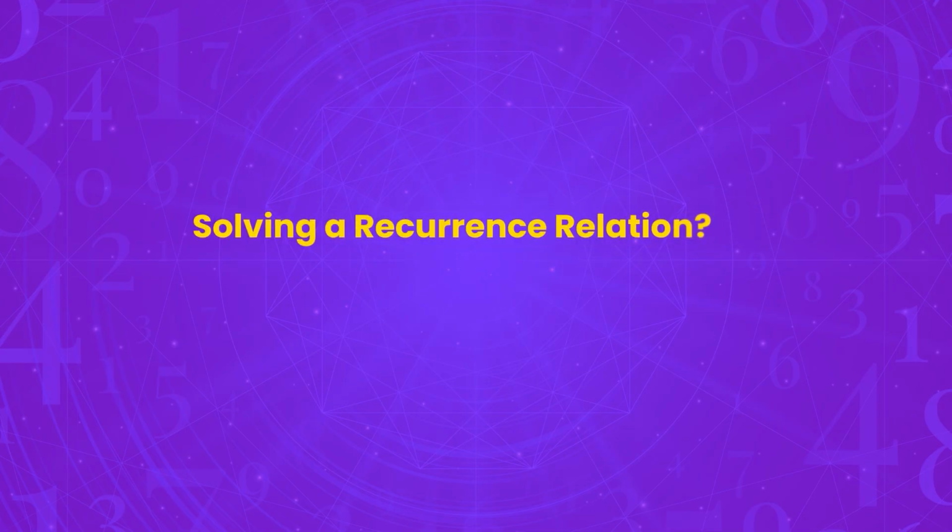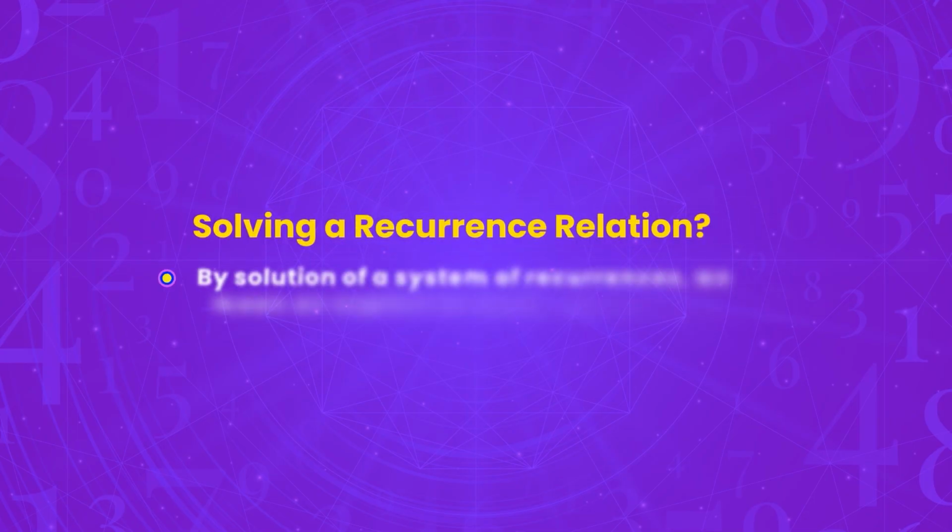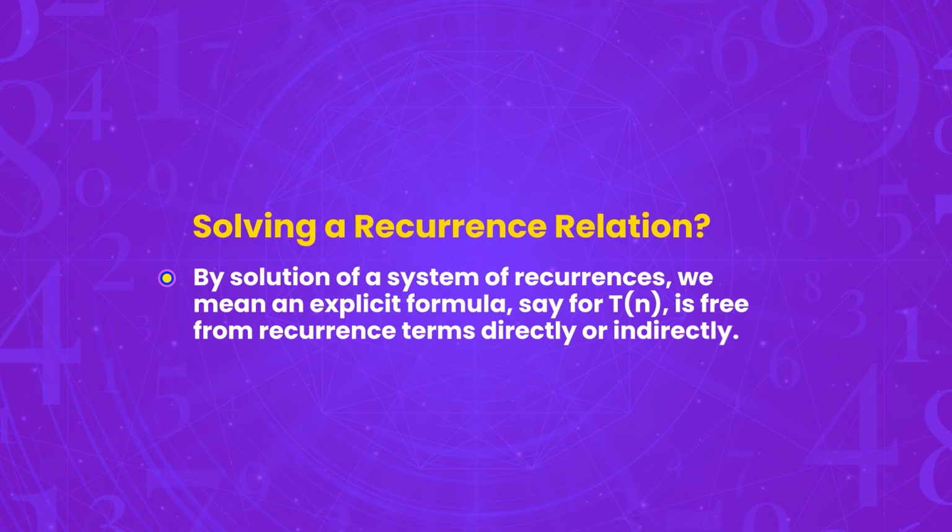Now, what is meant by solving a recurrence relation? A recurrence relation is an explicit formula which represents a term or function in terms of smaller terms of that particular function.